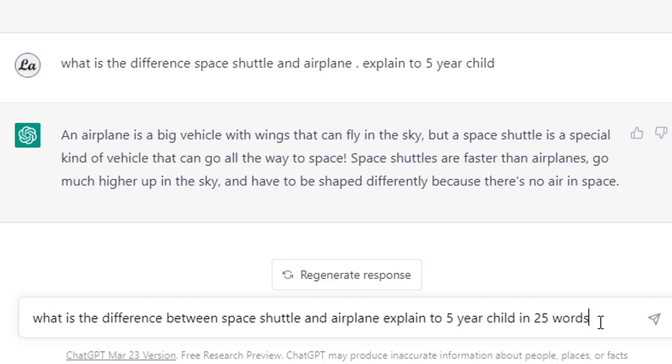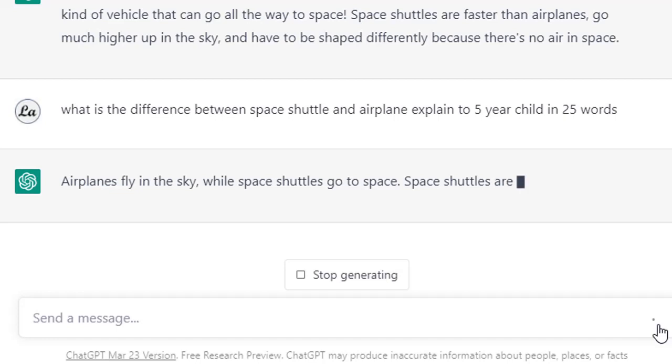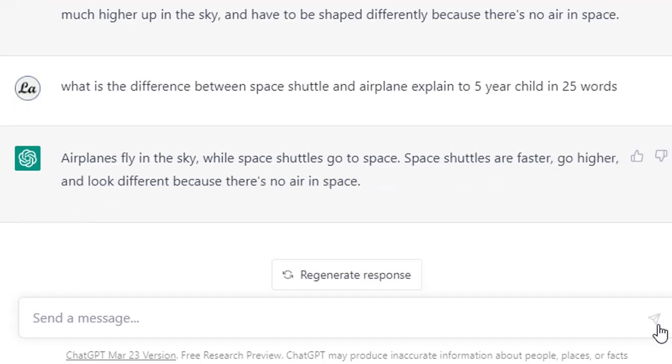Explain to a 5-year child in 25 words. We check now. Now the answer is in only 25 words. Suppose the child doesn't understand English, then also we can change the language.